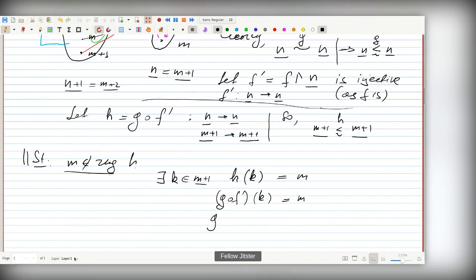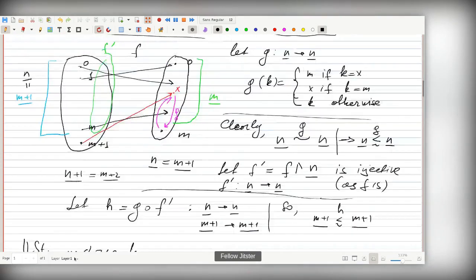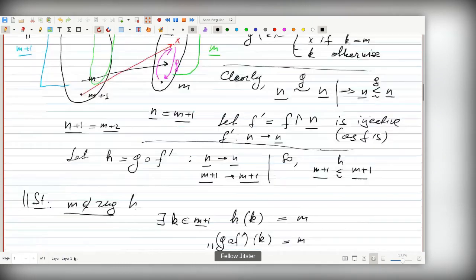But this term equals g of f prime of k, and in fact it equals g of f of k, because f prime takes just the values of f, not all such values, but every value of f prime is a value of f at the respective point. It is a restriction.